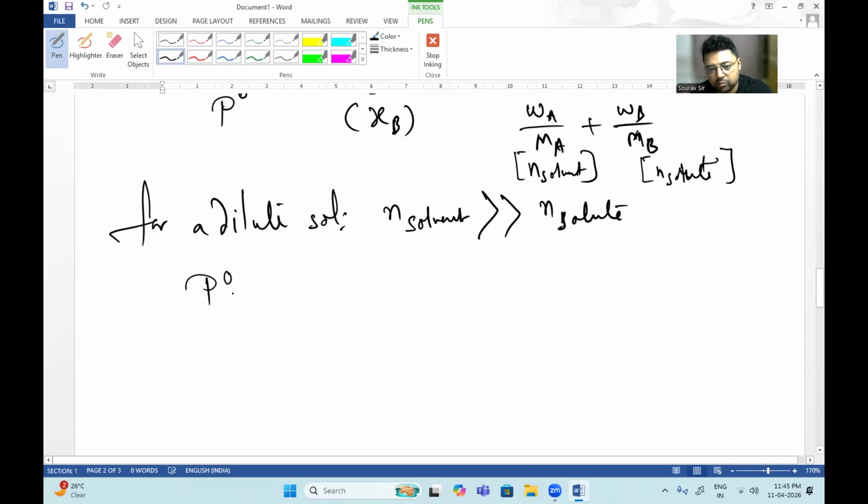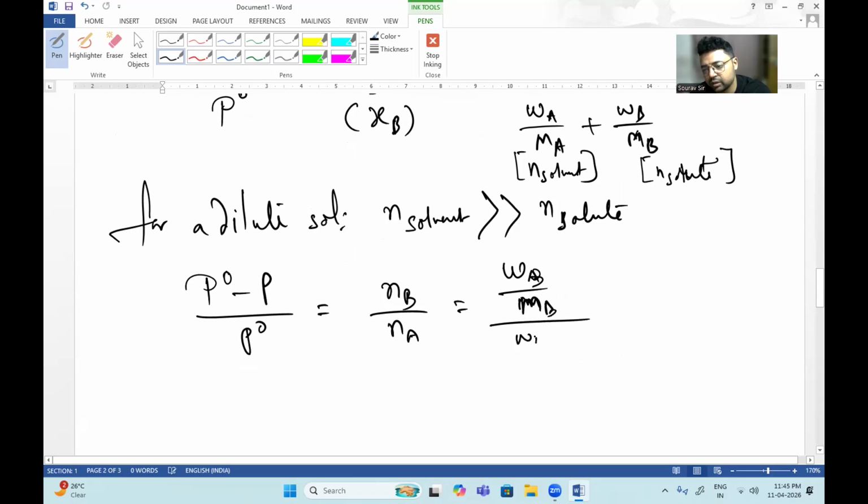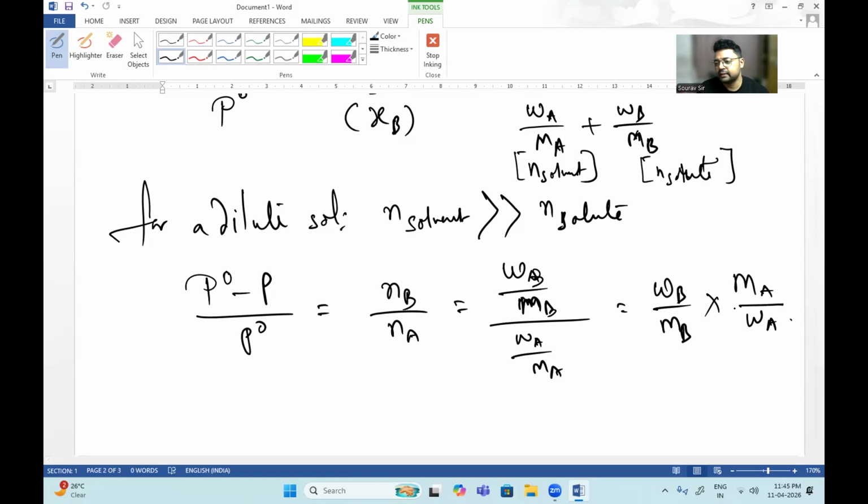That it will be (P0 minus P) by P0, the relative lowering, equals NB by NA, or you can simply write (WB by MB) by (WA by MA), or WB by MB into MA by WA. Anything you can write. Understood? So we have to abide by these things.